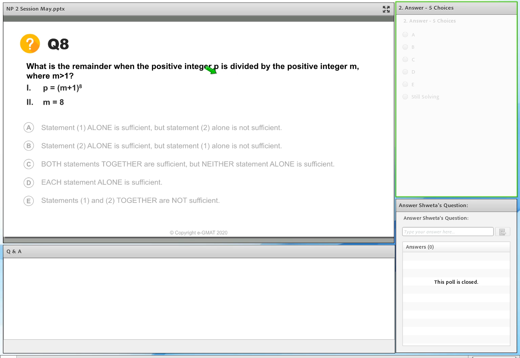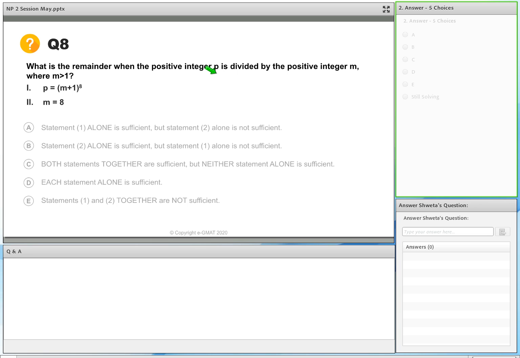So tell me, all of those who marked C, is this how you thought about the first statement? Did you reject it because you didn't have m? Yeah, I thought so. So the majority is saying that yes, this is why they rejected the first statement. 85% already.